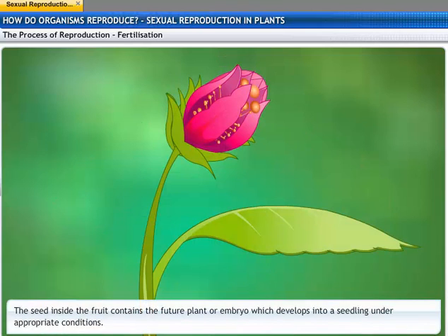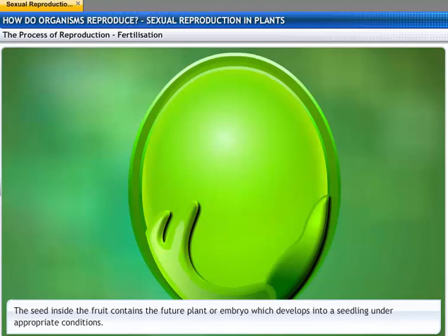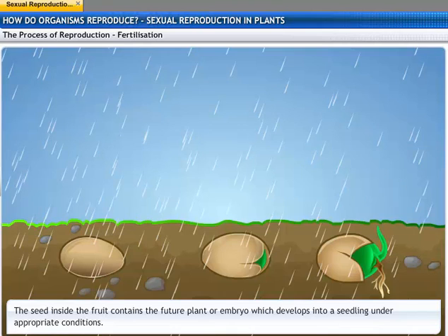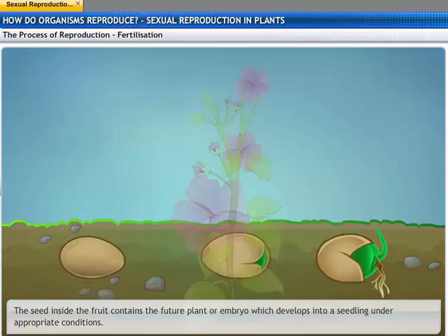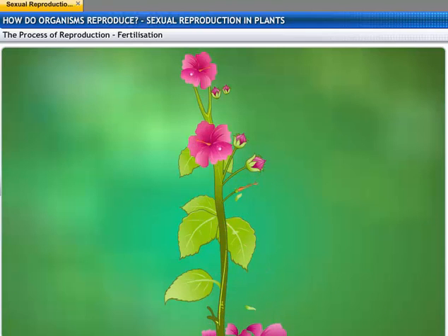The seed inside the fruit contains the future plant or embryo which develops into a seedling under appropriate conditions. Take a look at this hibiscus plant. Fertilization has taken place and the sepals, petals, stamens, style and stigma have withered away. But the seeds are still alive.